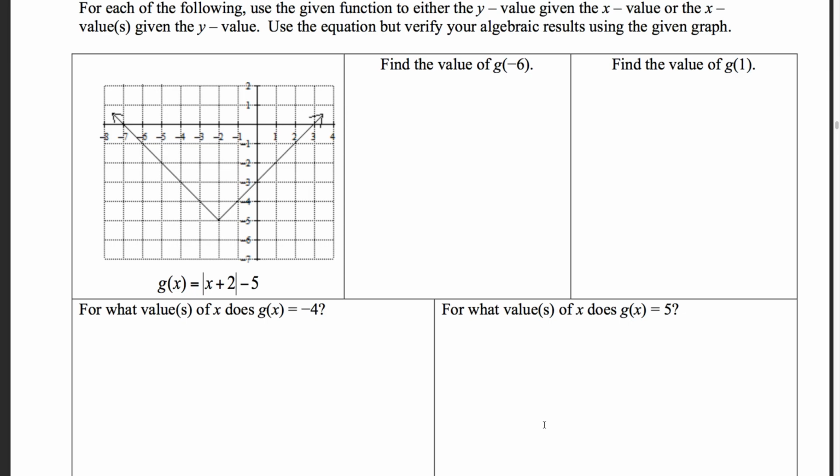I think you can get the answer for both of them in about a second. Two, three, 4, 5, 6, 7, 8.